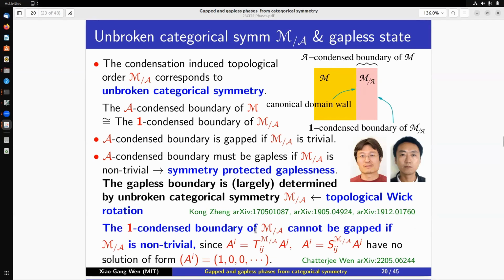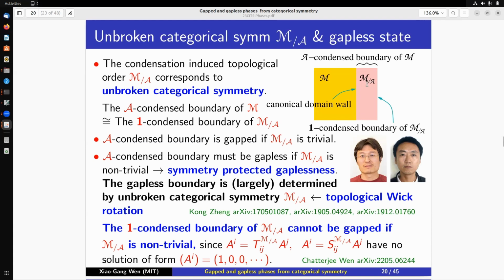So let's assume a condensed boundary of this M/A is gapped. The reason we need to consider a one-condensed boundary is the following. We have a condensation that gives us this M/A. Then we have this one-condensed boundary for M/A. We cannot have more condensation. If there were more condensation on this boundary, then from M's point of view, we would have more condensation than just a single condensation. So we have all the condensation already here, giving us M/A.